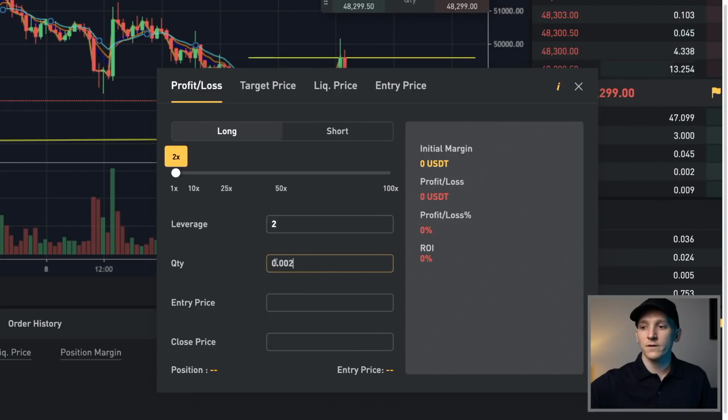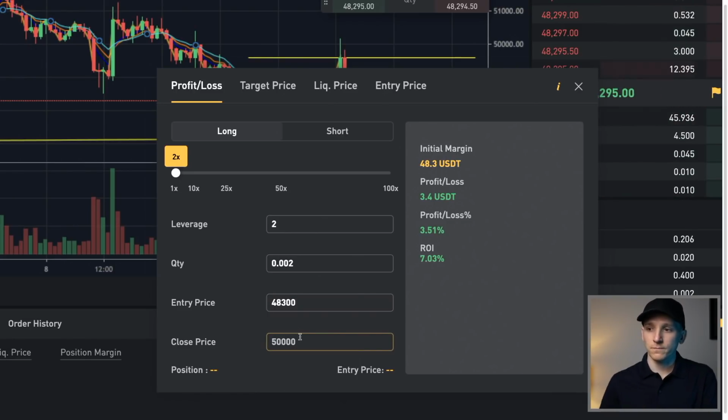What this is going to do is basically tell you where levels are, you know, if the trade goes against you, when you're going to get stopped out. So 48,300, let's say that's the current price, and then the close price, let's say 50,000, right? So we're in the profit.